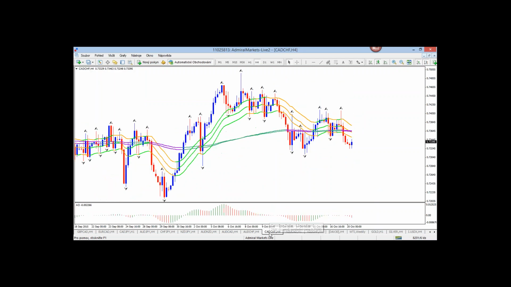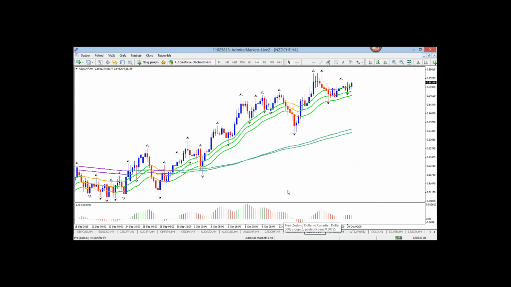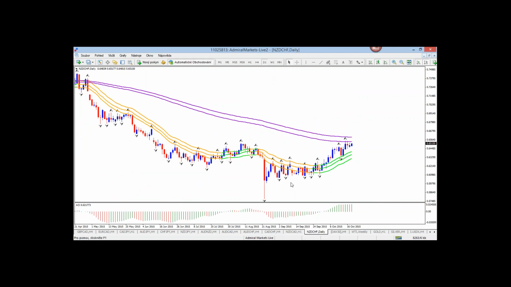And let's take a look at the exotics. Let's see if there's anything interesting. The Swiss C. No, not really.